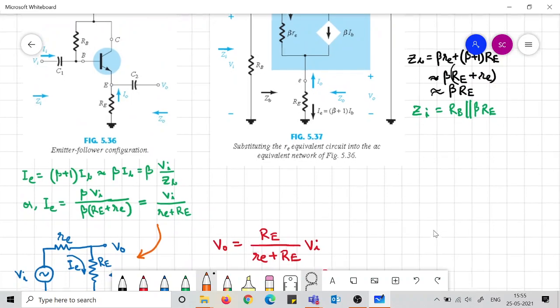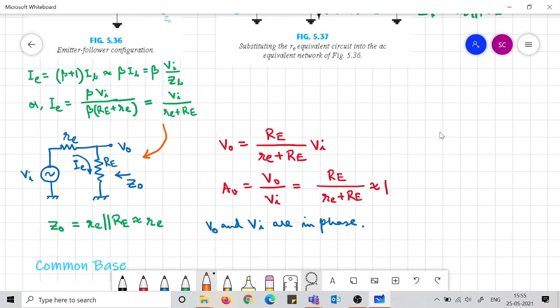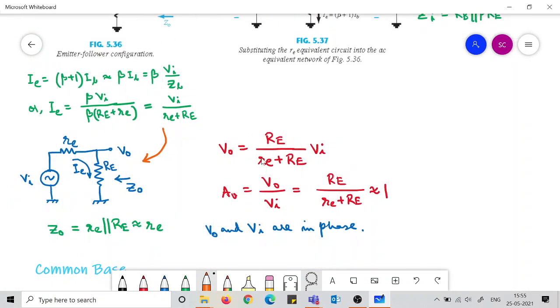Okay, please note this. And now what we have to do, we have to figure out what is the voltage gain from this same network that we have been able to draw from this equation. We can appreciate what would be V0 by Vi. It is nothing but a simple voltage divider.